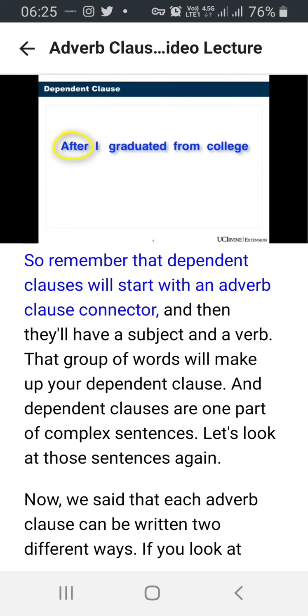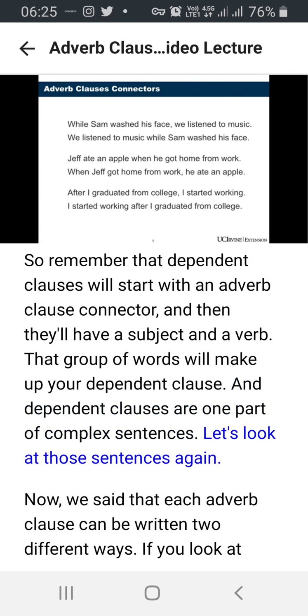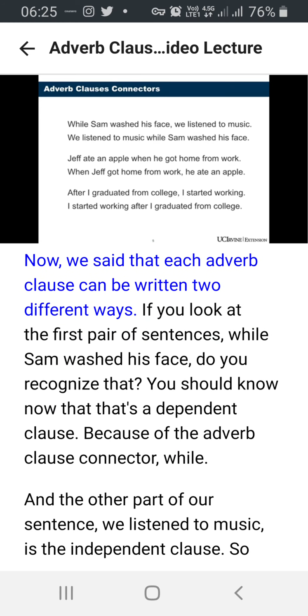So remember that dependent clauses will start with an adverb clause connector, and then they'll have a subject and a verb. That group of words will make up your dependent clause. And dependent clauses are one part of complex sentences. Let's look at those sentences again. Now we said that each adverb clause can be written two different ways.